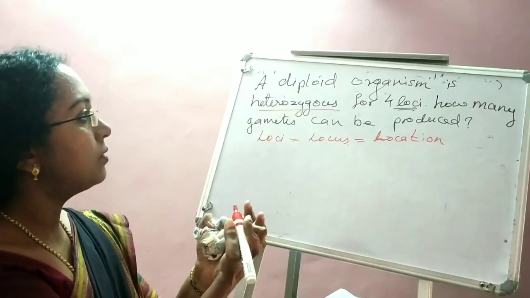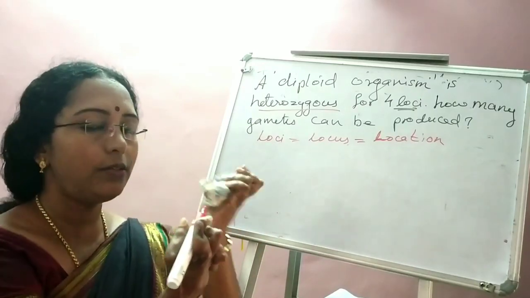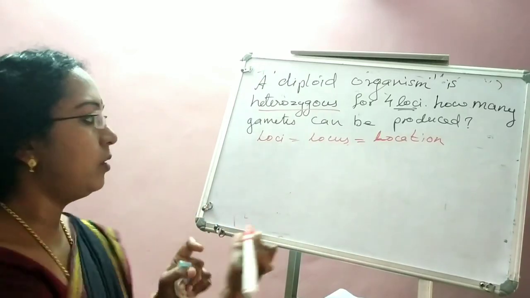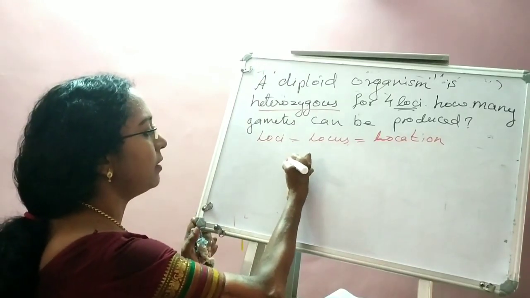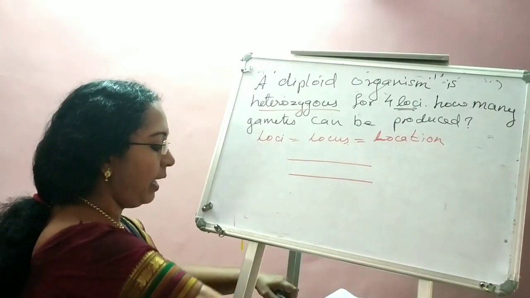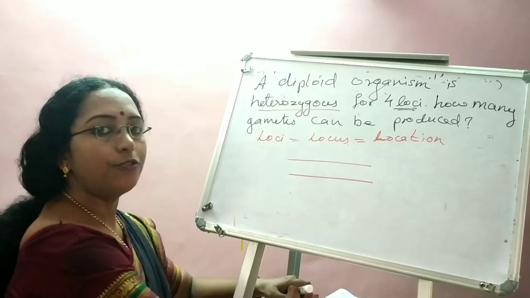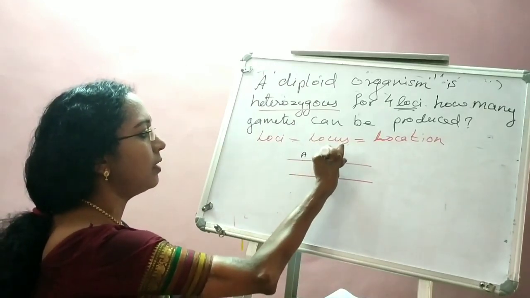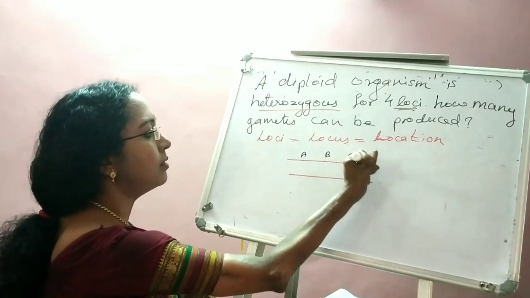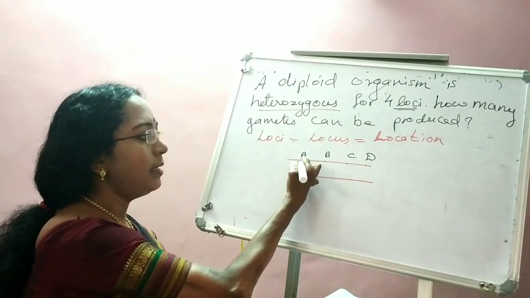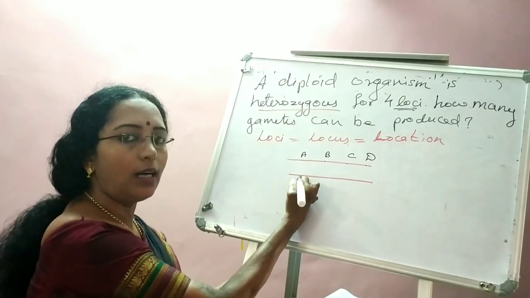And for how many loci? 4 loci. Here we have taken 4 loci, just 2 chromosomes and 4 different locations. So I am marking it like this. 2 chromosomes, I am representing with the help of a line. And I am marking the 4 locations as A, B, C and D. The same will be there on the other chromosome also.